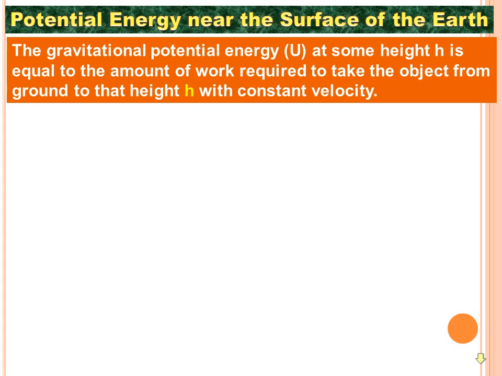Next one, potential energy near the surface of the earth. The gravitational potential energy U at some height h is equal to the amount of work required to take the object from the ground to the height h with constant velocity.